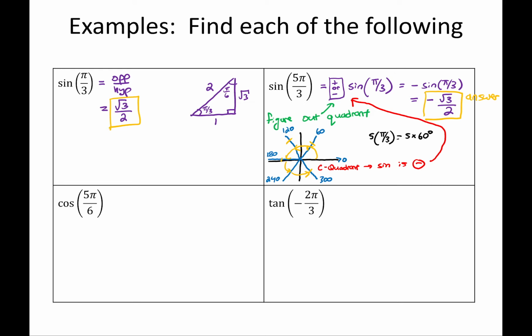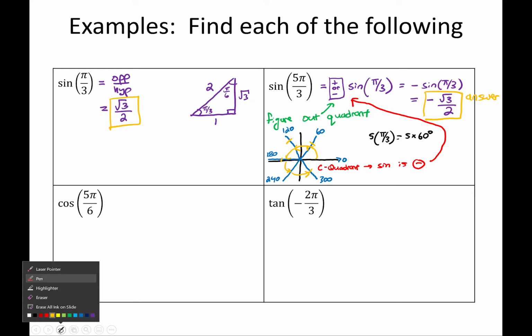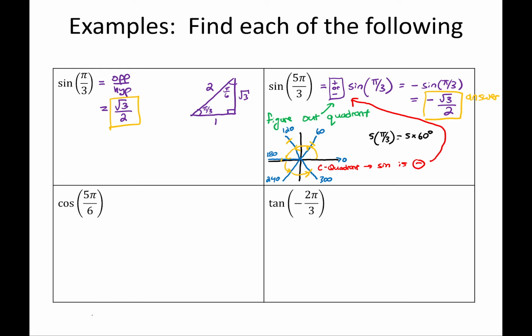Okay, let's think about the next one, bottom left, cos of 5 pi over 6. Okay, it's a reduced fraction. So the trick is this is going to be plus or minus cos of pi over 6. We need to figure out the quadrant. So I'll draw a picture.